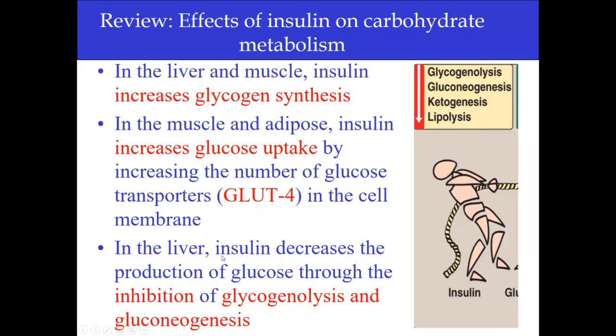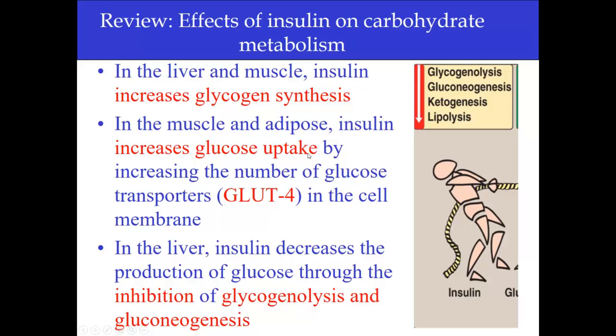Insulin is going to ask the liver to stop making glucose. We have hyperglycemia, there's no need to make more sugar. So it's going to inhibit gluconeogenesis, the formation of new sugar, and it's going to inhibit the breakdown of glycogen, which is stored in the liver. So this is the function of insulin. Try to reduce hyperglycemia.